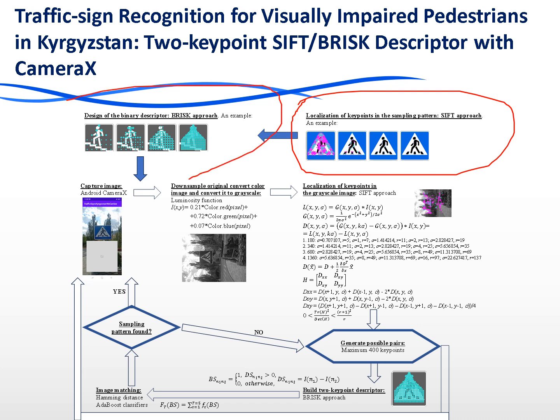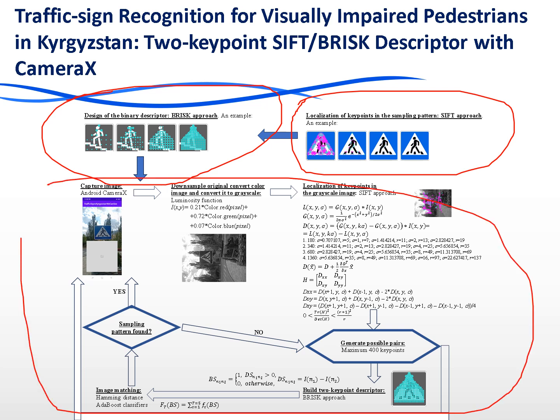The second step is the design of all available descriptors based on some case of the key points. Then we can go to the stage of the real-life experiment, and in this real-life experiment we also pass two previous stages. Okay, so first of all we capture the image on camera smartphone.